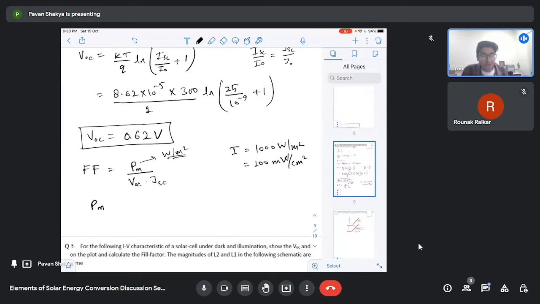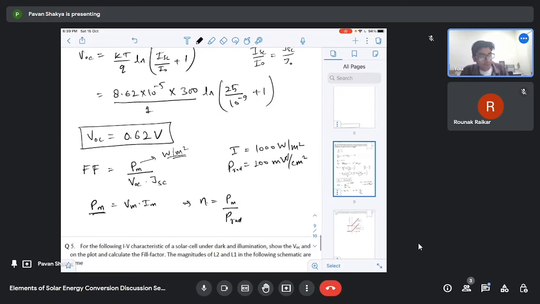Okay, so as we know that this PM is equal to VM multiplied by IM, or we can write that the efficiency is given as the maximum power that we are getting with this solar cell divided by the power of illumination. Okay, that is the P radiation. So in this problem, this 1000 watt per meter square is the solar radiation, that is P radiation.